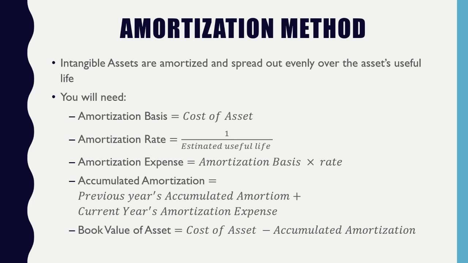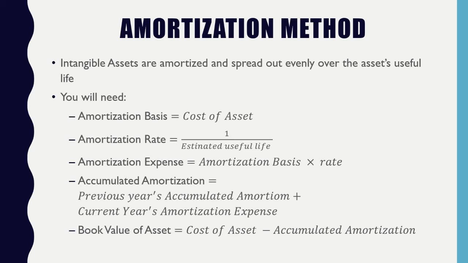Amortization functions identical to straight line. The only difference is you don't have a salvage value. Therefore, amortization basis is going to be your asset cost. The rate is going to be 1 over the estimated useful life. And then the expense is going to be the basis times rate.